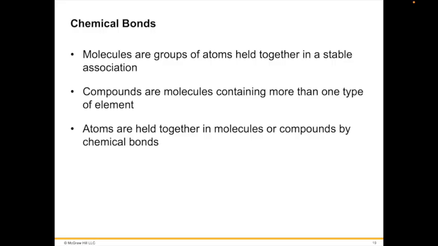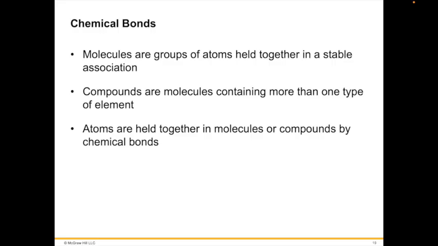The atoms in a molecule are joined by chemical bonds. These bonds can result when atoms with opposite charges attract each other, i.e., ionic bonds, when 2 atoms share one or more pairs of electrons, covalent bonds, or when atoms interact in other ways.